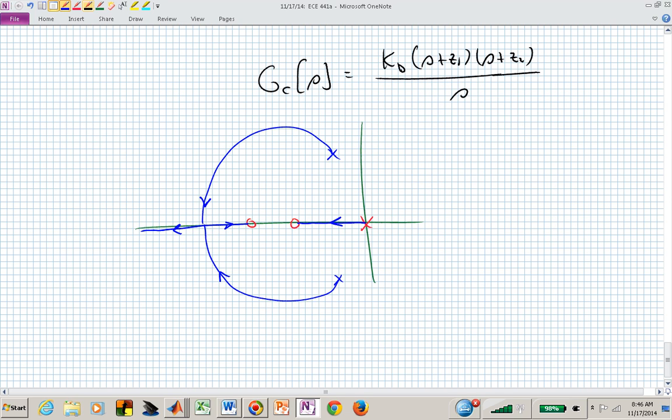And now somebody says, I want you to put your closed loop poles, one of them right there. How do you compute k sub d?